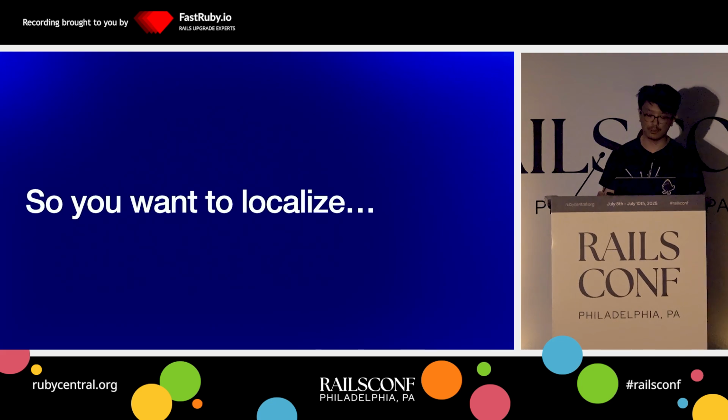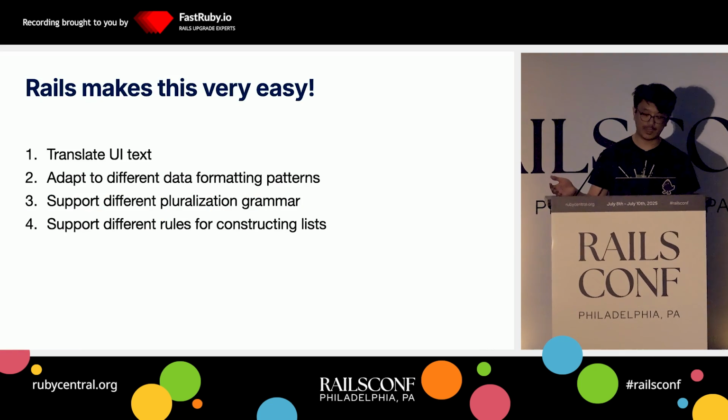OK, great. So let's say I've convinced you. You've decided you want to localize. Where do you start? Luckily, again, Rails makes this very easy. With just a small toolkit of built-in utilities and a few gems from the community, Rails lets us easily go from a monolingual app to one that can support however many languages we want, without needing to become an expert in software localization, languages, or linguistics.